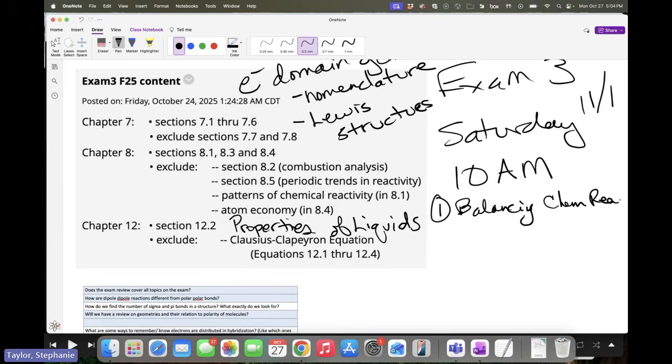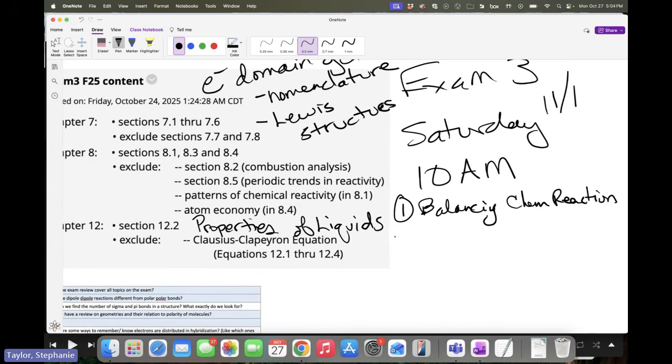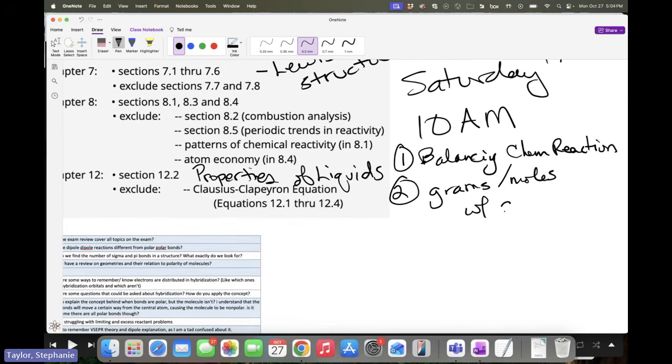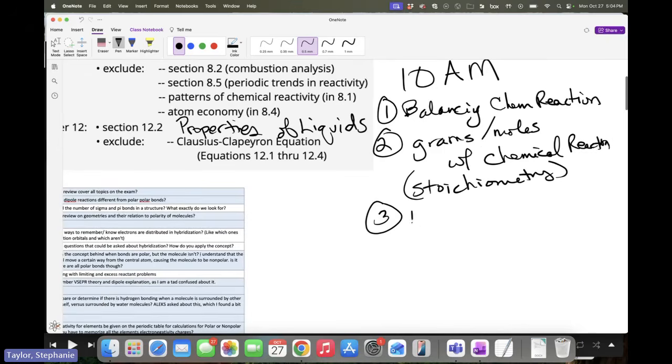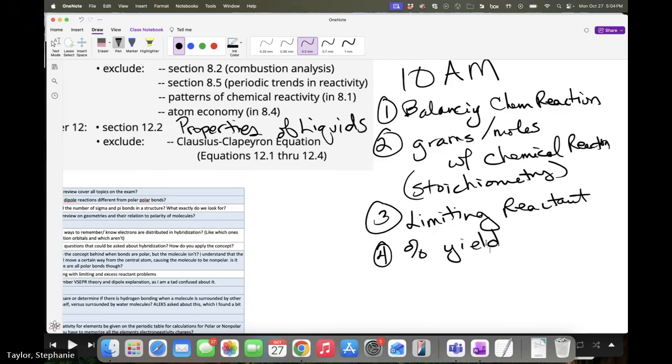In addition to that, we can do stoichiometry, which is the fancy name for grams-to-moles conversions with chemical reactions. Then limiting reactant, which I know they covered in lab last week, and percent yield. Those are the 4 things out of chapter 8.